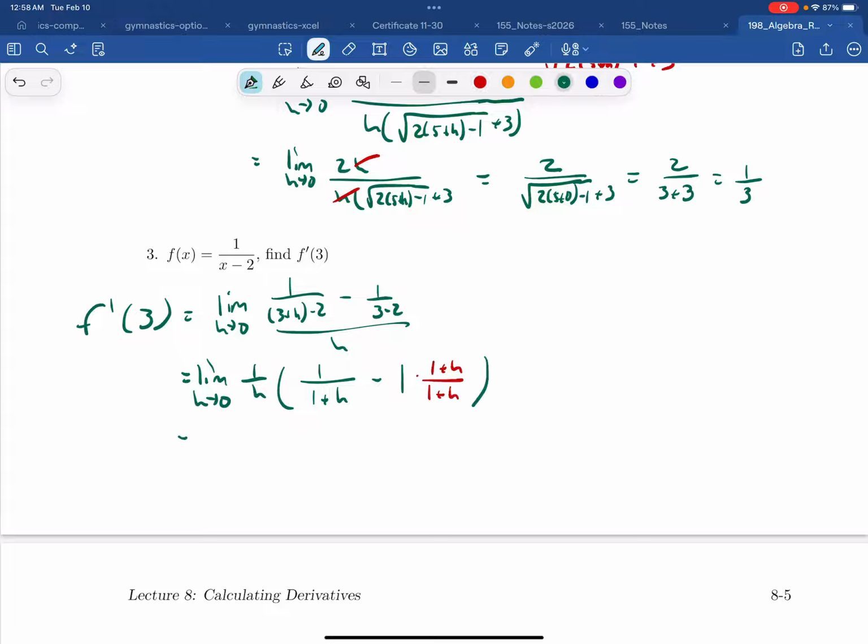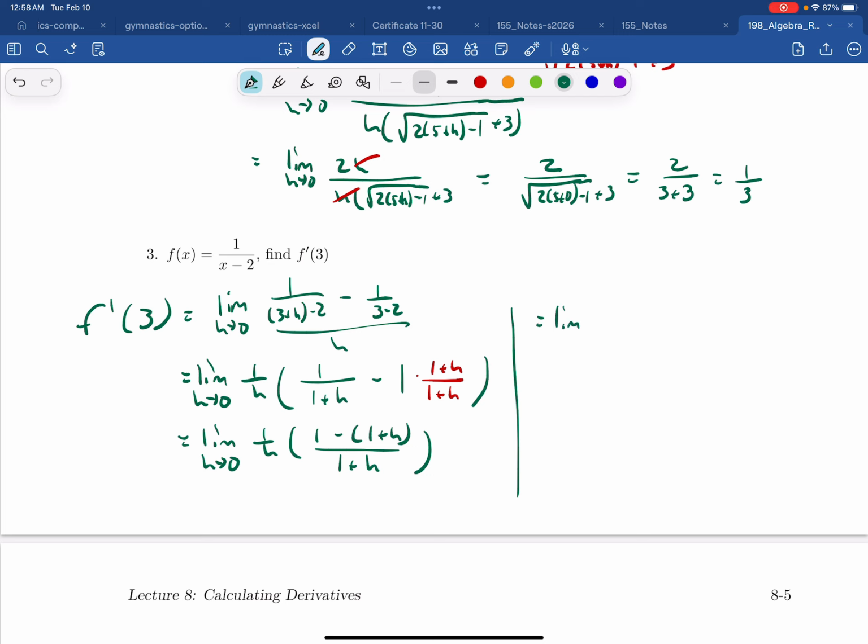Okay? And this winds up giving us the limit as h approaches 0 of 1 over h times 1 minus the quantity 1 plus h, all over 1 plus h. Now just be careful. Make sure to distribute the negative sign to both the 1 and the h. Okay?